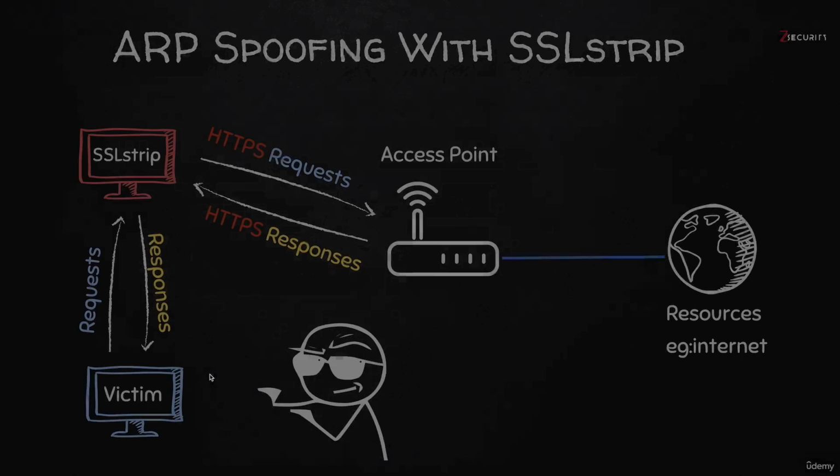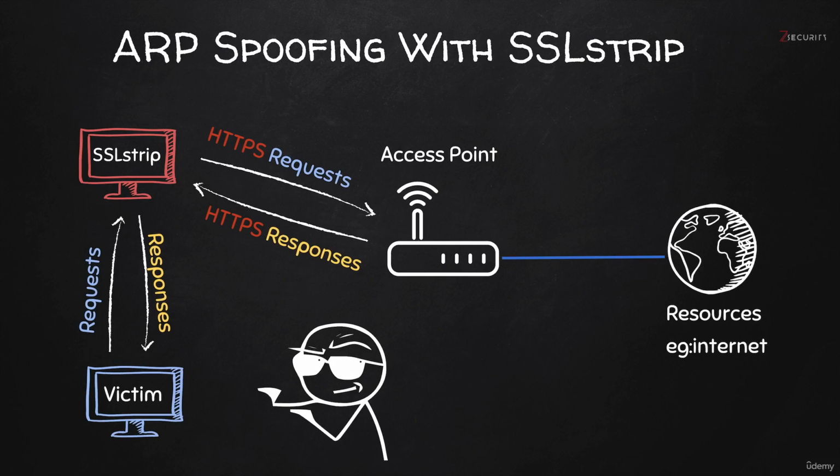Now this configuration is perfect, because as a hacker we're able to read the requests and the responses in plain text, and nobody knows that we are playing around with the connection. The target thinks that the website that they're trying to access only supports HTTP, and the web server is happy also because it's communicating over HTTPS with what they think is their client, but who they're connecting with is actually us.